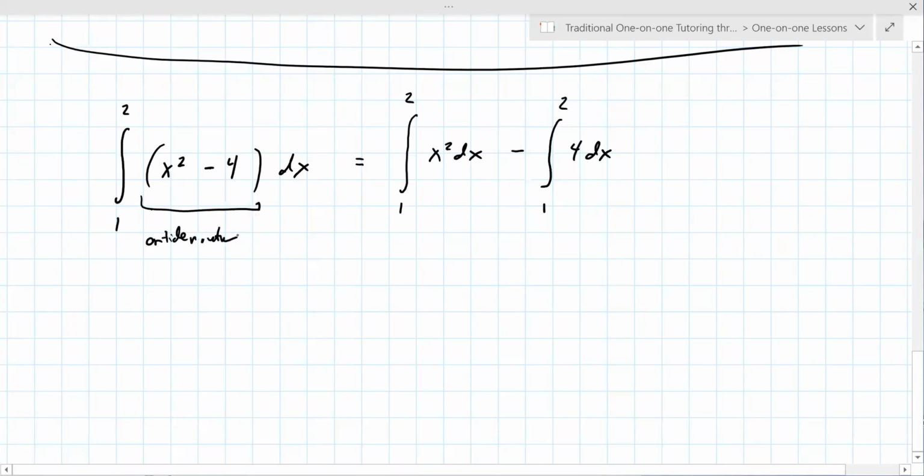Well, the antiderivative, so it's x cubed over 3 minus 4x. Yep. Evaluated from 1 to 2. And if you broke it up, you'd do the same thing.